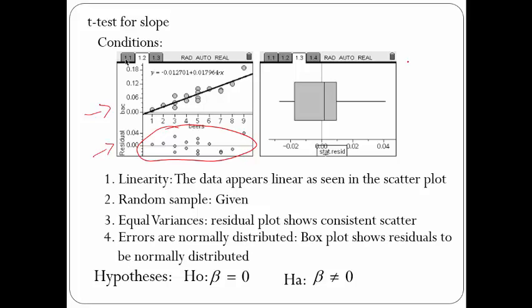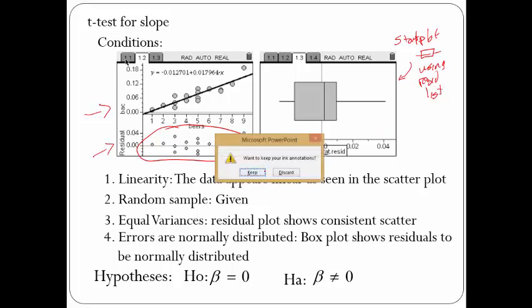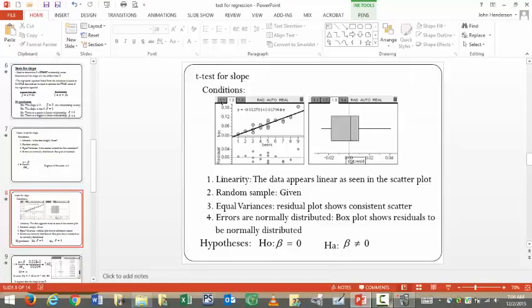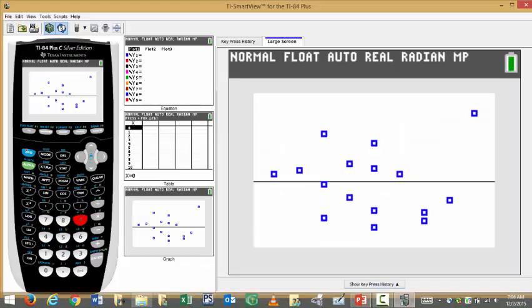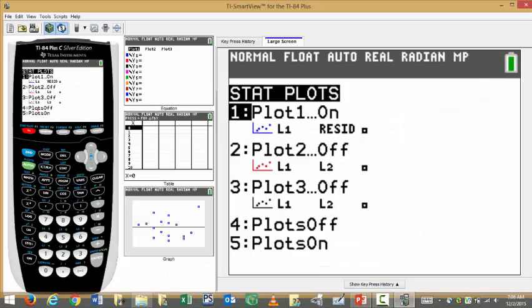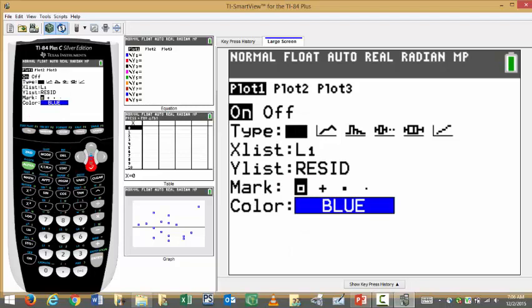What you could do in your stat plot is create a box plot using your residual list. And that's all that I've done right there. I'm going to see what that looks like. You just go to second stat plot. We'll just use that first one. Why not? We'll go down.